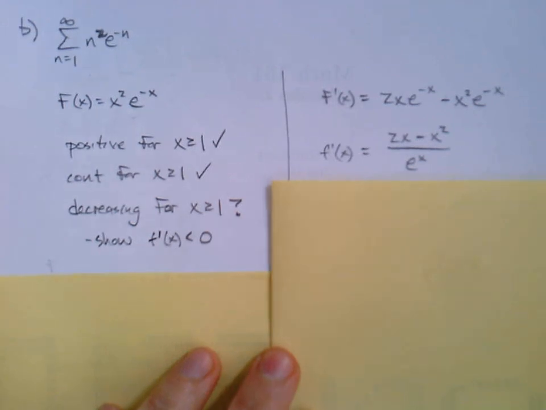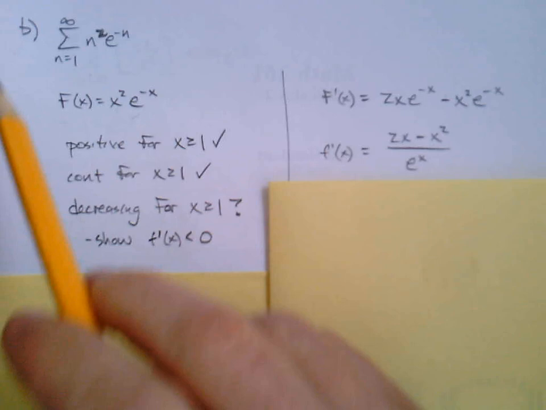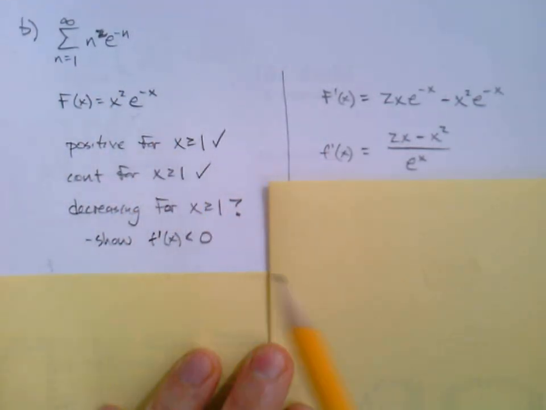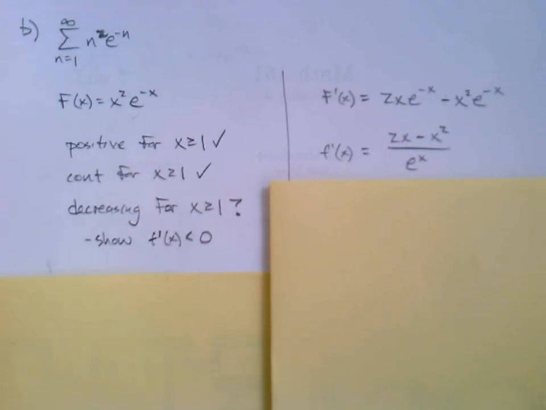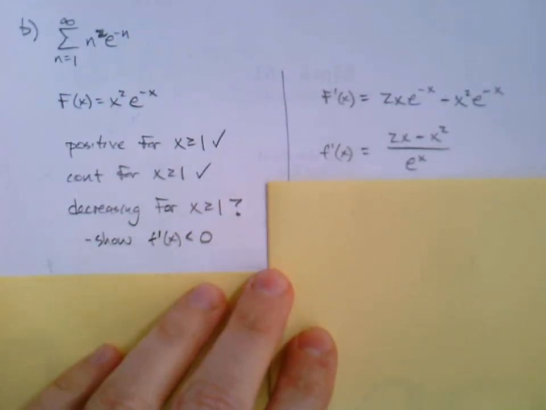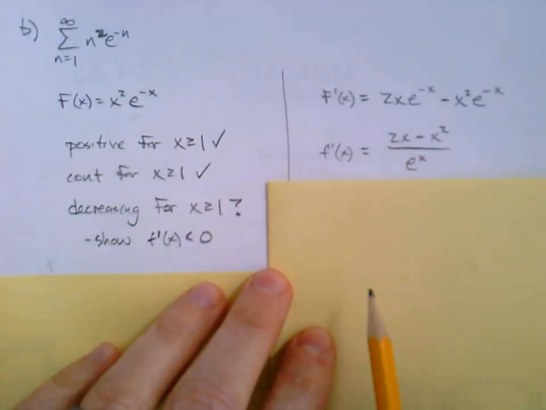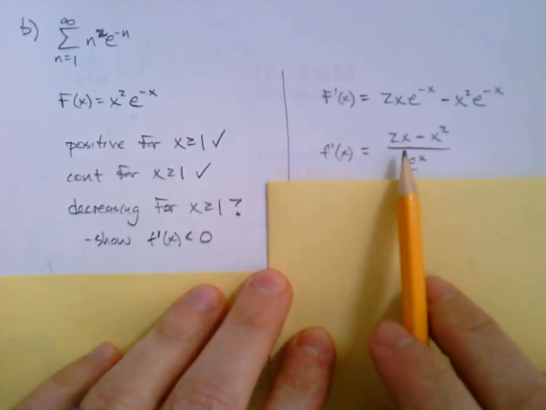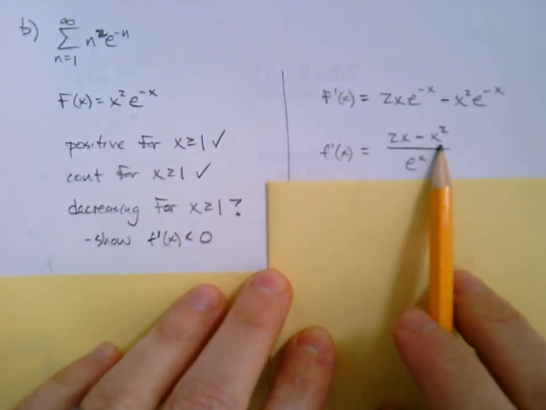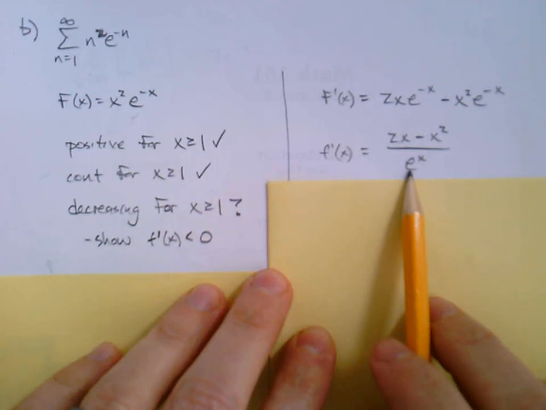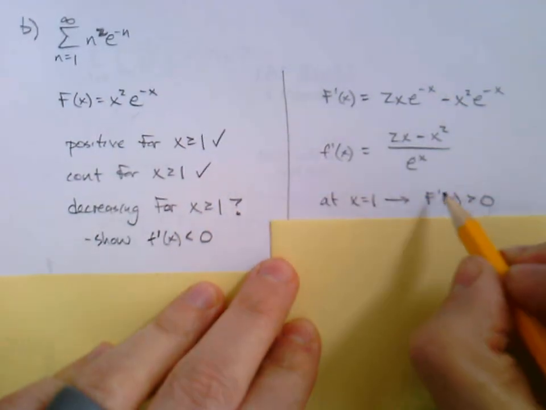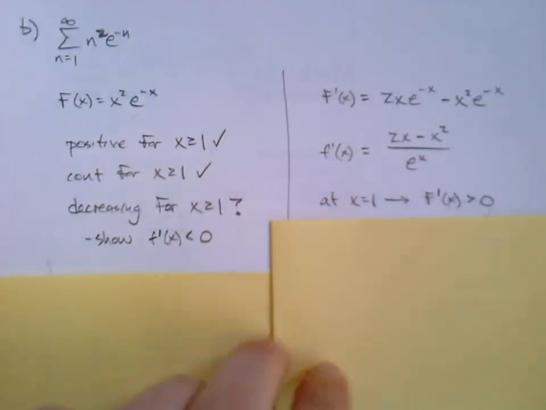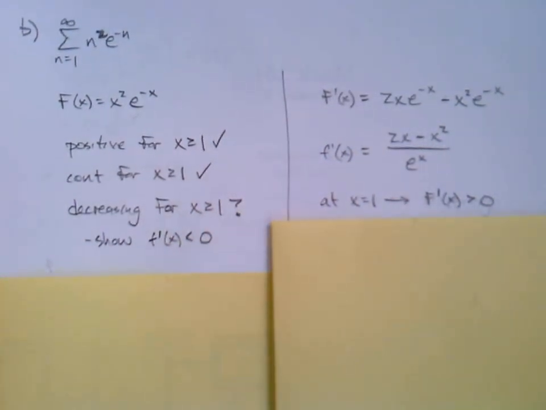So let's take a look. Hey, where we begin at x equals 1, right? When x equals 1, is that negative? Wait a second. Hold on a minute. At x equals 1, I've got 2 minus 1 over e. At x equals 1, my derivative is actually positive. Oh.